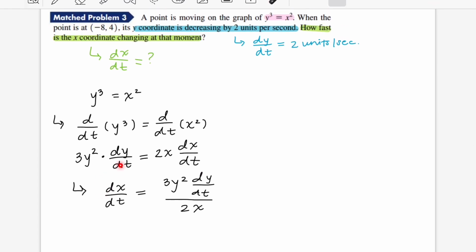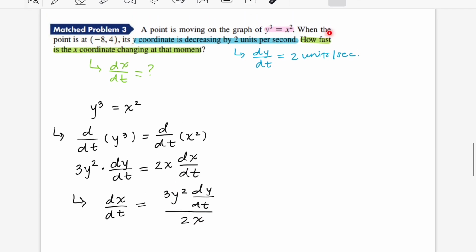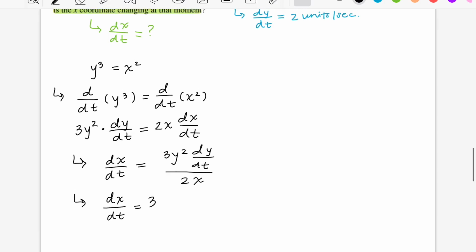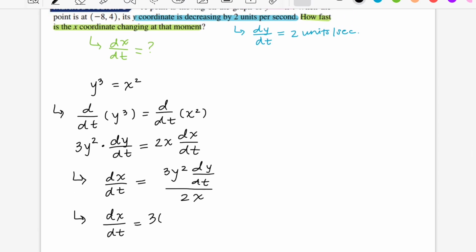Now we want to solve for dx/dt, so let's see what information needs to be plugged into here. We need to plug in dy/dt, which we were given. We also have this y and this x. And if you notice, back in this problem, we were given a coordinate for y and x, so we can just plug that in here. So we get that dx/dt is going to be equal to 3 times our y coordinate, which was 4, times dy/dt, which was just 2, all over 2 times our x coordinate, which was negative 8.